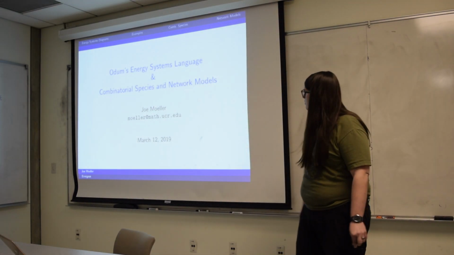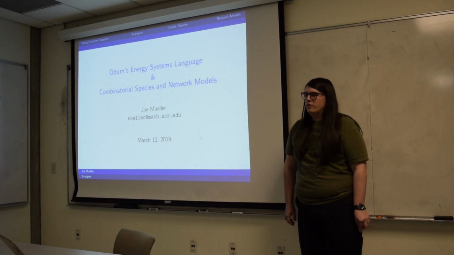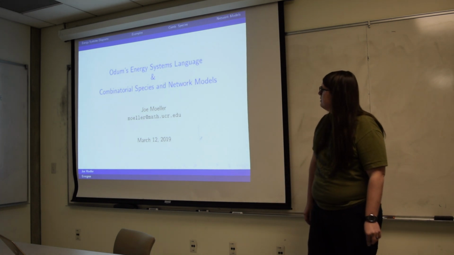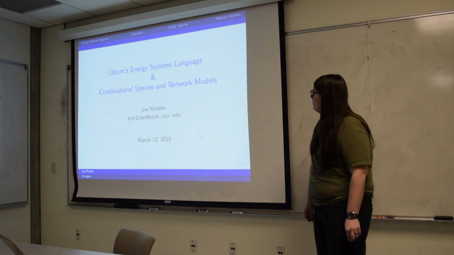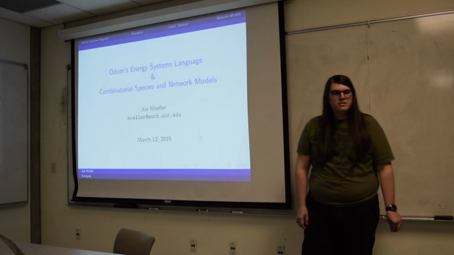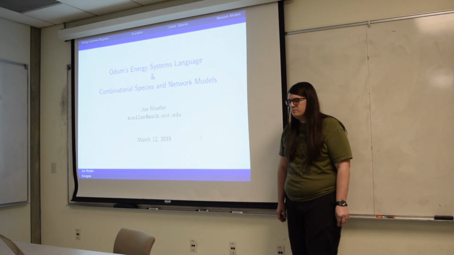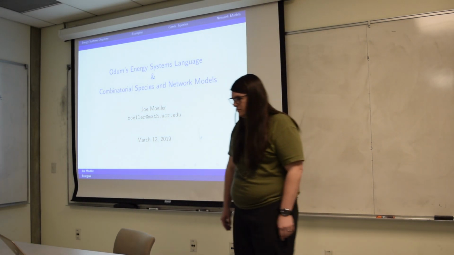I'm very excited to tell you a little bit about Odum's energy systems language, and then separately afterwards tell you about combinatorial species and network models, and then give a vague proposal of a way to connect these things together.